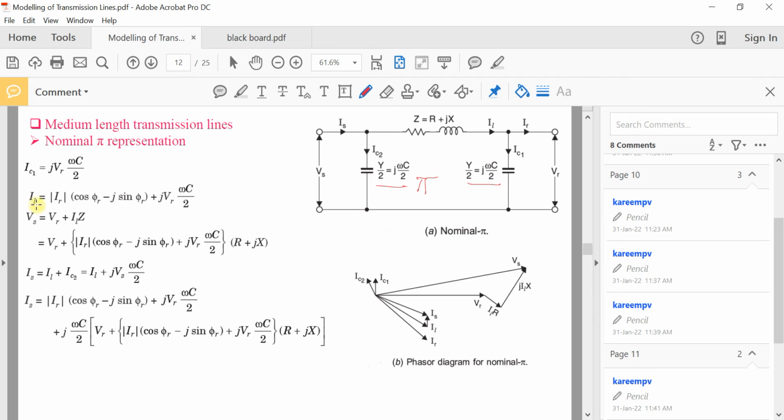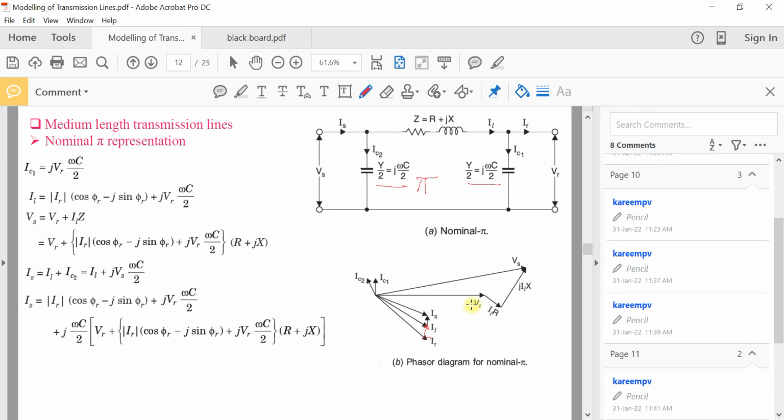This is the phasor diagram. Once you analyze the phasor diagram, you can write these equations also. Based on this equivalent circuit, the phasor diagram can be drawn like this. This is the receiving end voltage VR, and we are considering that as reference. If you consider VR as reference, IR will be lagging because it's a predominantly inductive circuit.